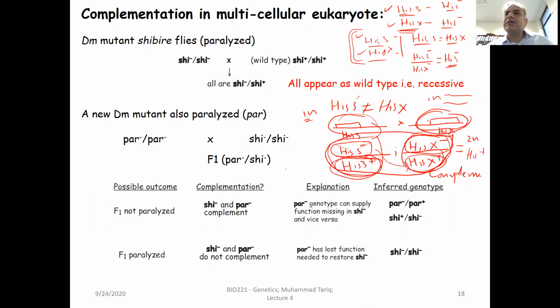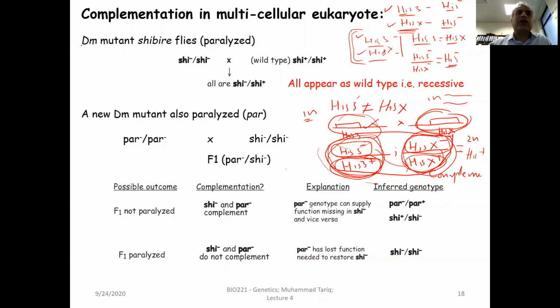When the two haploids mate in this diploid, the wild type copy of his 3 will come from the his X mutant, and the wild type copy of his X will come from the his 3 mutant, and they complement each other. Is it clear? Okay. This will be clearer in the next example.